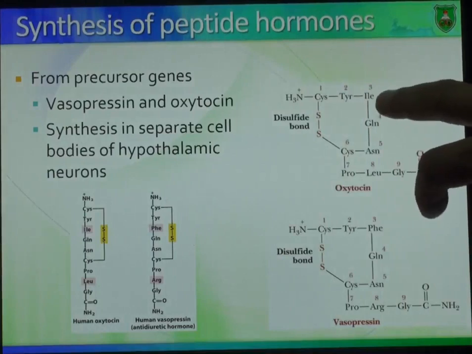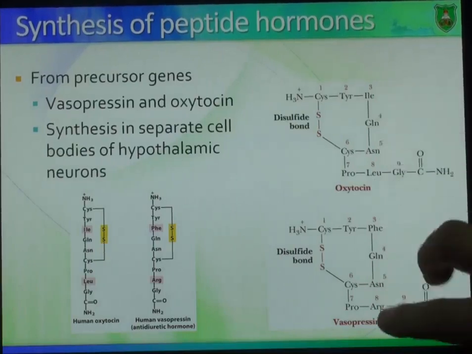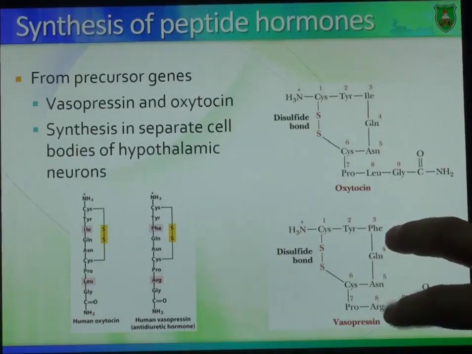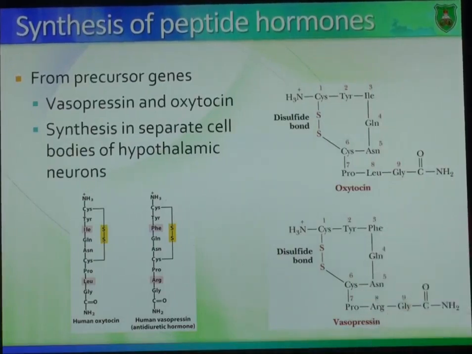That is position 3, where you have isoleucine, and position 8, where you have leucine in oxytocin. In the vasopressin, you have phenylalanine and arginine instead. Otherwise, they're almost the same. These are the 2 important amino acids for the activity of these hormones. And they're produced by different genes.